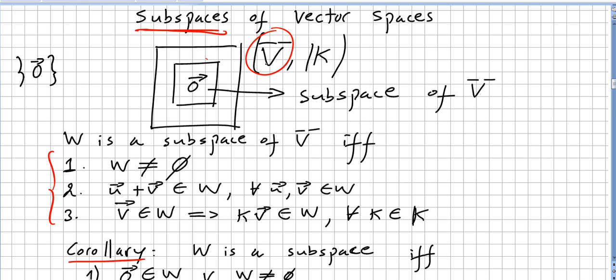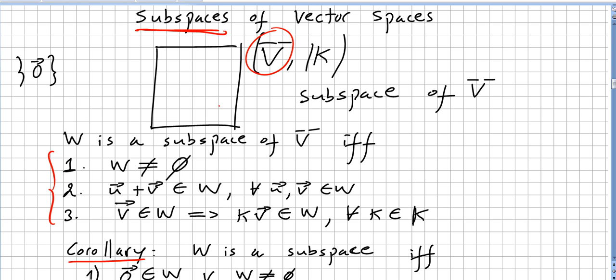And of course the biggest subspace of the vector space is V itself. So V is also a subspace, a trivial subspace of the vector space V. If you check, V is not empty.